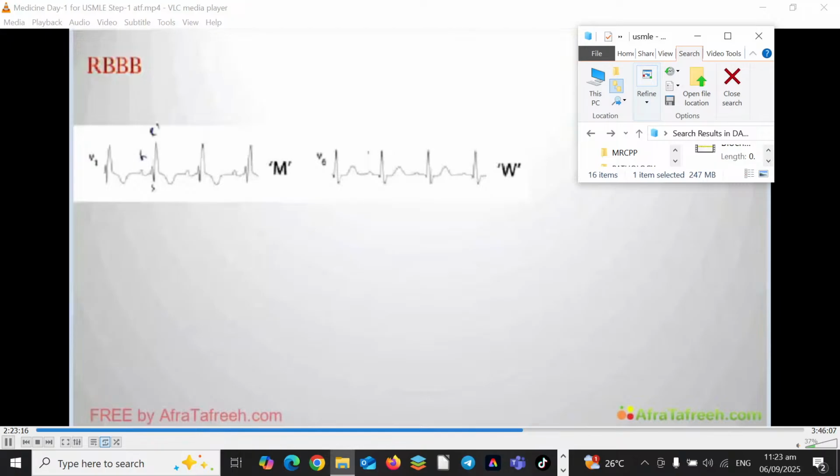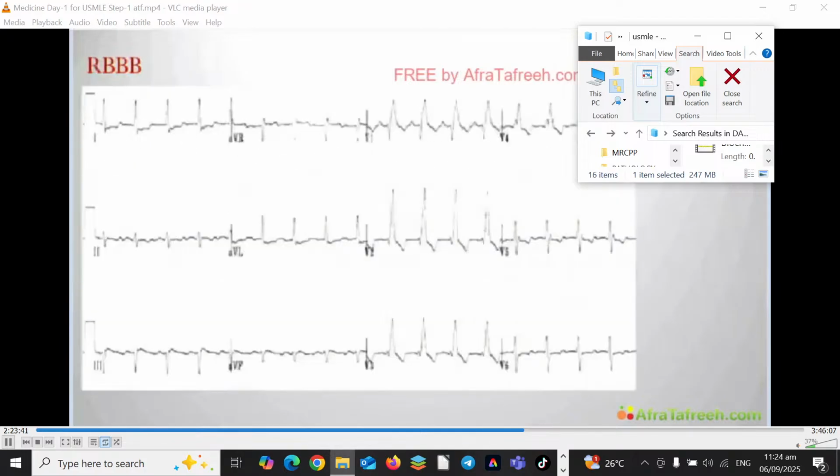I would not bet my money on the left sided leads, because right sided leads would give me a much better picture of the right sided pathology. So right bundle branch block I would understand much better on the basis of right sided leads. So this is how you would diagnose a right bundle branch block.